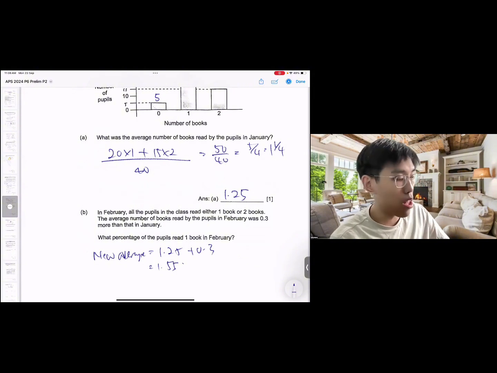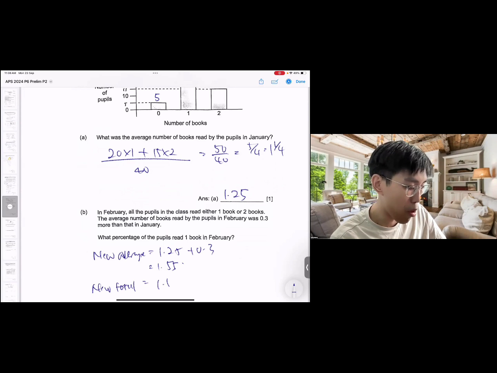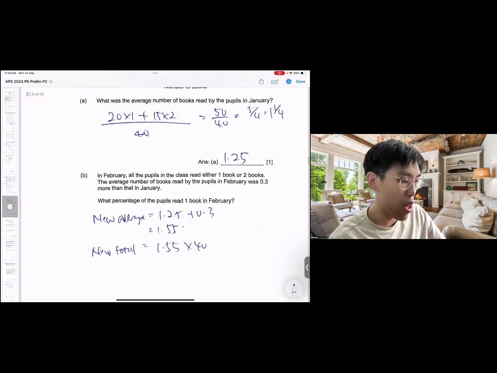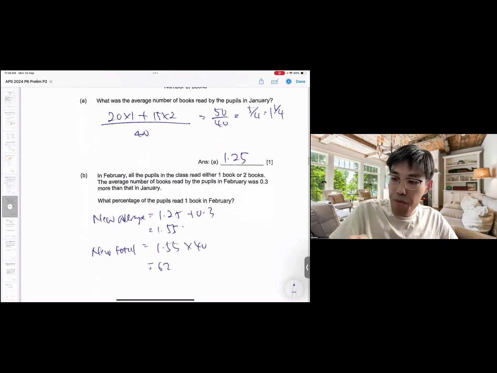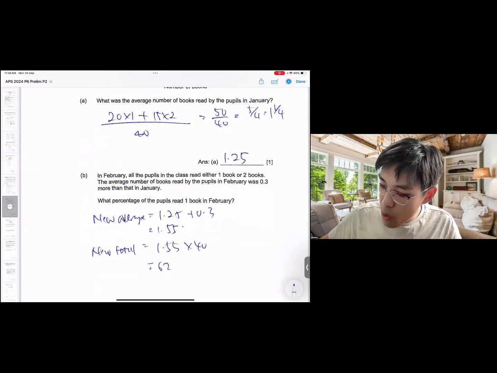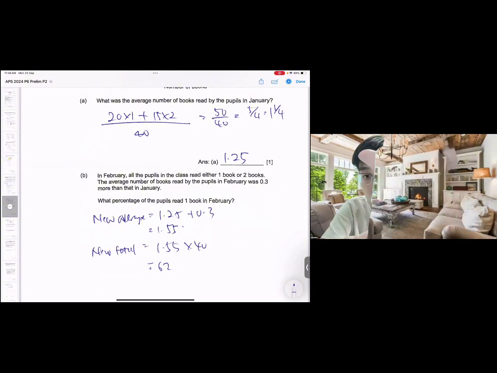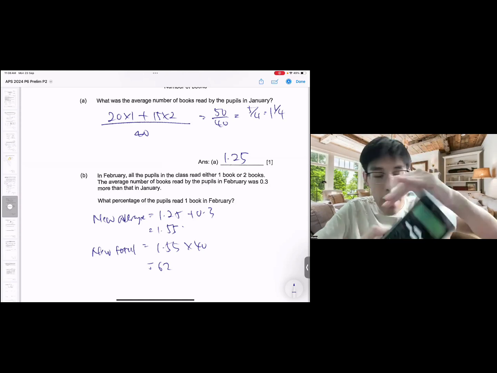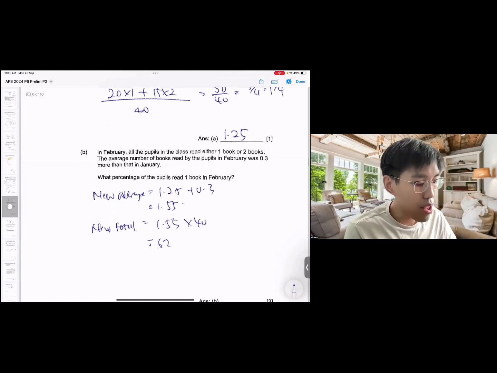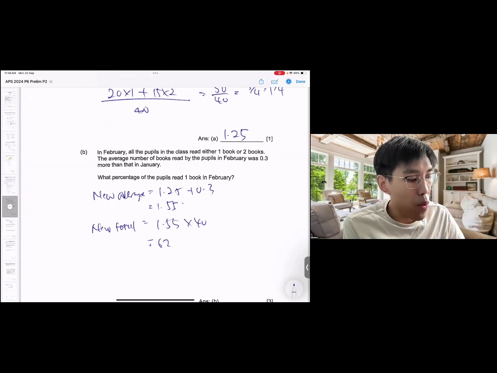From here, we can find the new total of books read, which is 1.55 multiplied by 40. This one is 62. Straight away use the calculator, don't need to think so much.